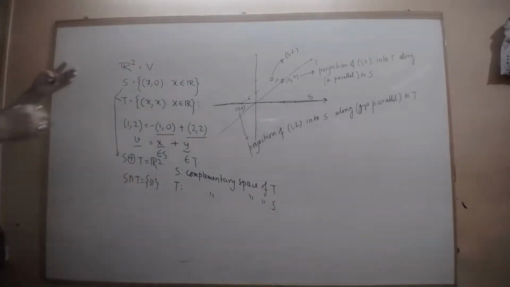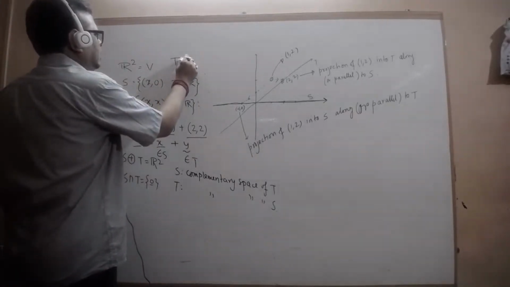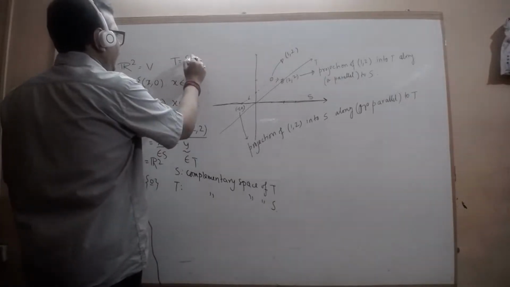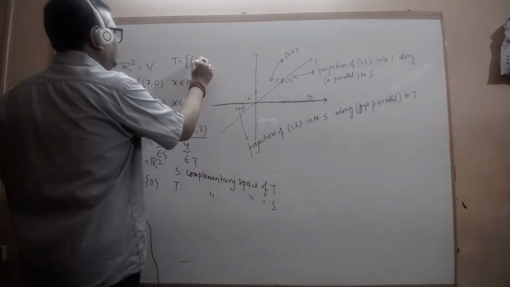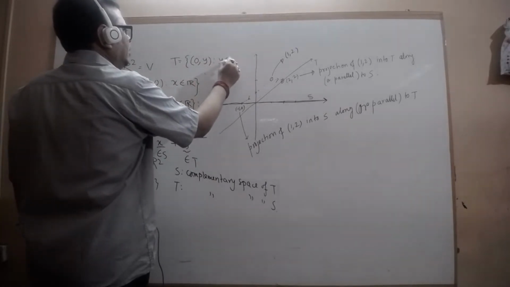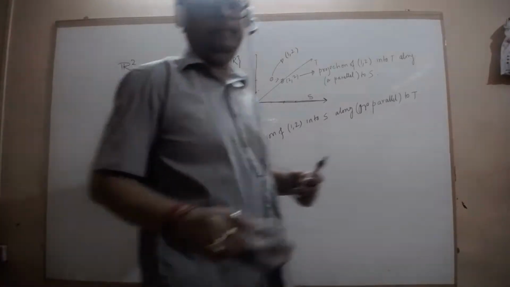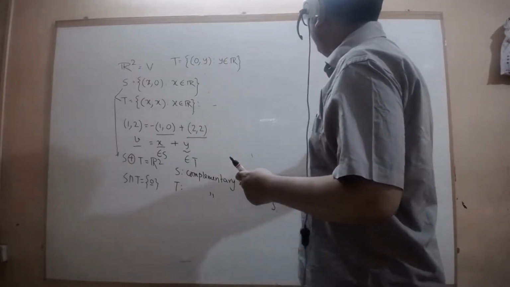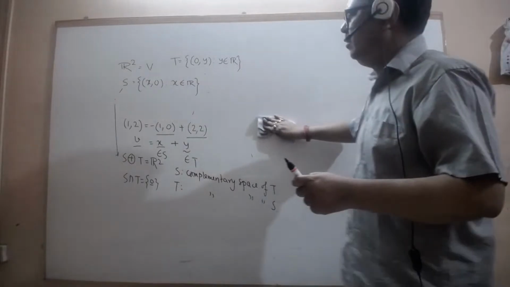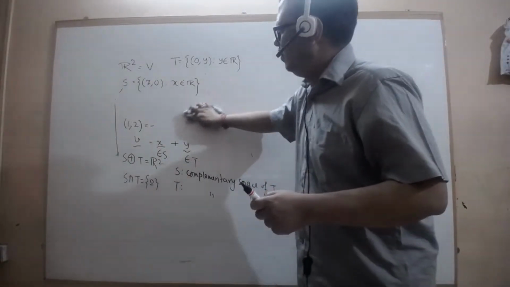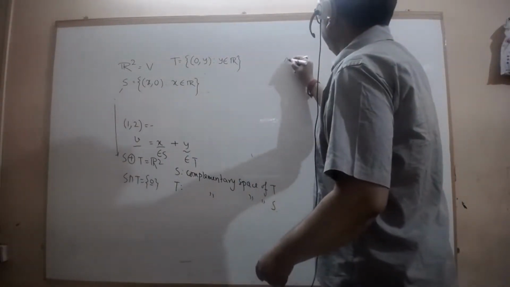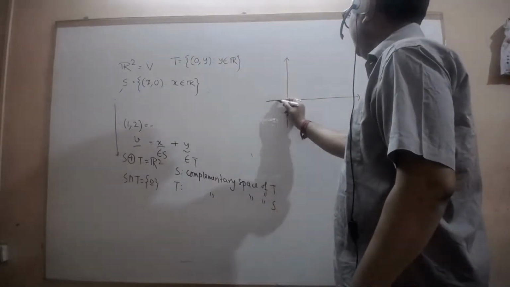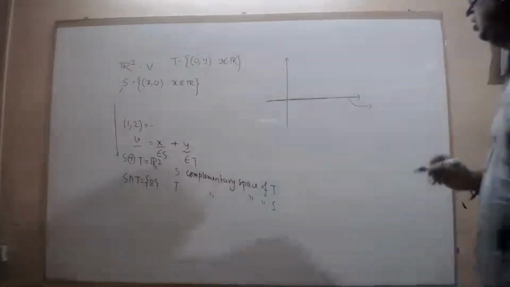So you can take another T. Suppose your T is (0, y), where y belongs to R. Then the entire space is your R square, and this is your S, any point that lies on this line.